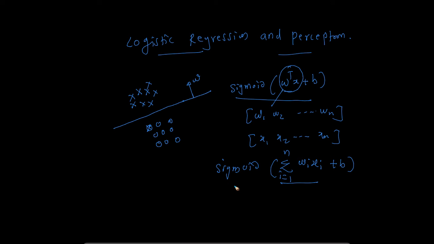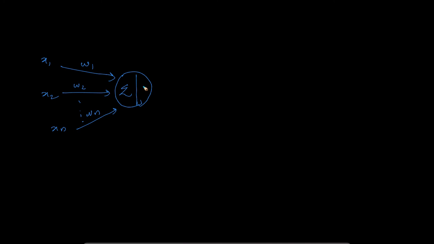Now let us see how we can represent this logistic regression by using a neuron. A neuron has these n inputs: X1 with weight W1, X2 with weight W2, likewise Xn with weight Wn. This neuron does the sum here, and on that sum we apply a function which is called the activation function, and this function will produce the output of a neuron.